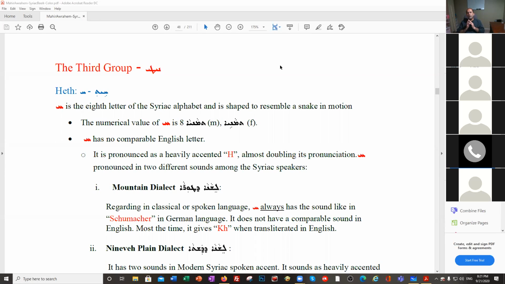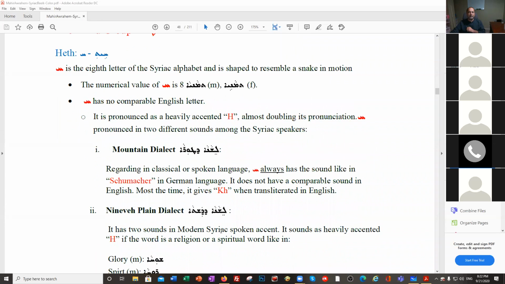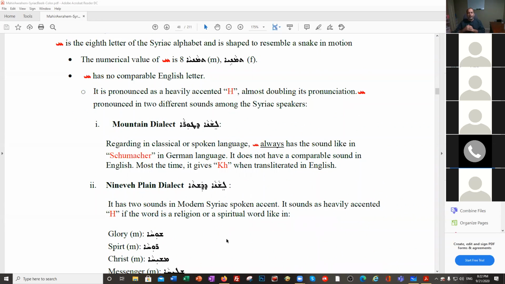The first one, the mountain dialect: in the classical or spoken language, Hath always has the sound of ch, like in Schumacher. In German, they use Schumacher, so it's always the sound of ch, and we give it the KH letters for ch.